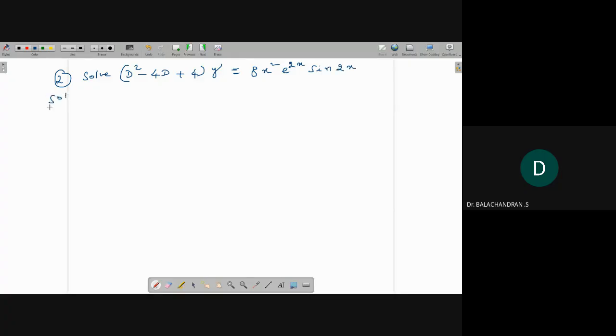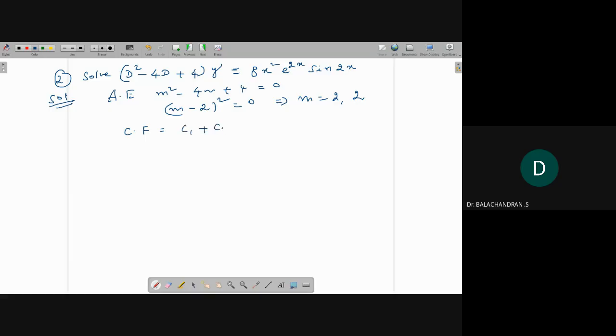Okay, the auxiliary equation is here. M square minus 4m plus 4 equal to 0. Okay, so you can write this is m minus 2 whole square equal to 0. M equal to 2 comma 2.